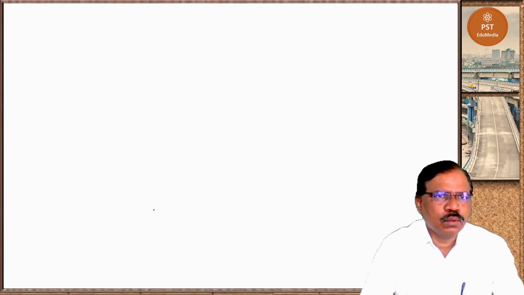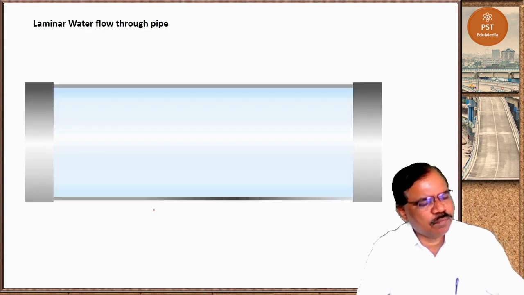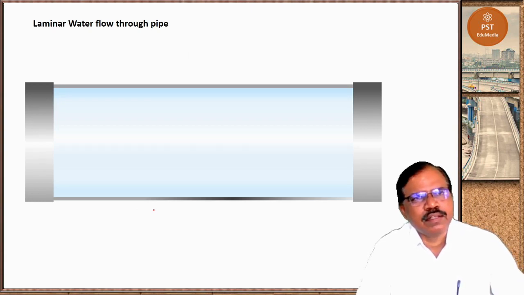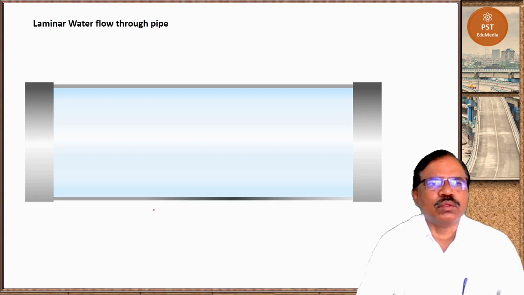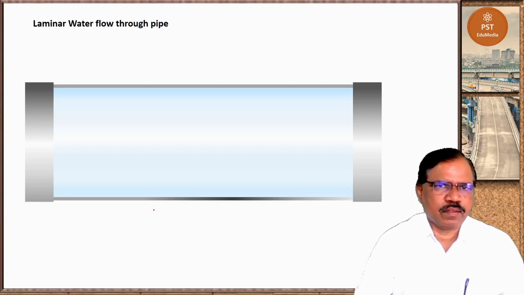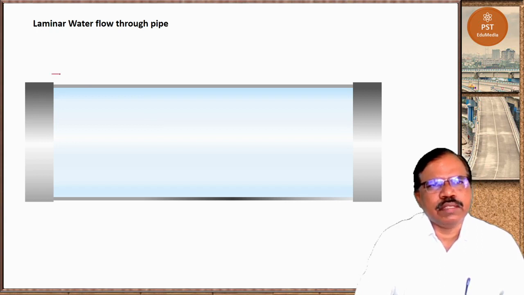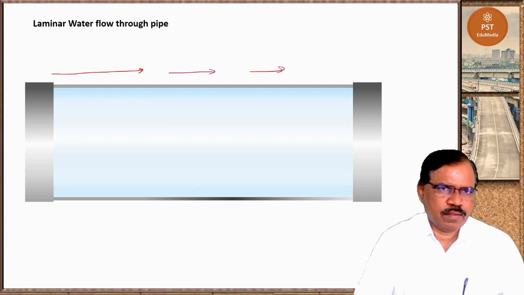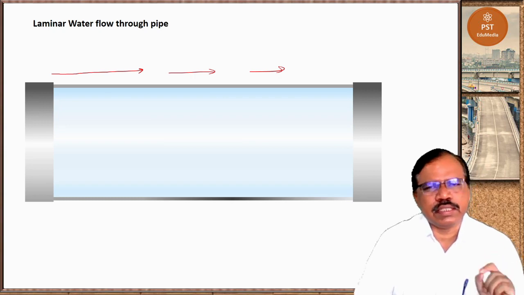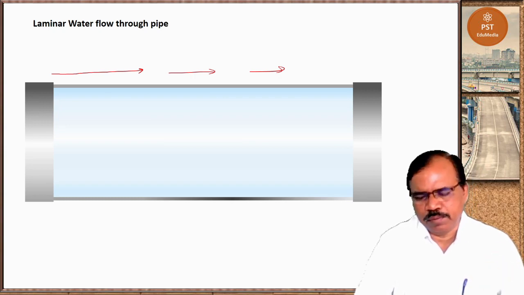Now we'll go to the physical significance of the curl of a vector. Let us see a simple example: laminar water flow through a pipe. We have taken a pipe, and suppose water flows along this direction through the pipe, and suppose that the flow is streamline or laminar flow.